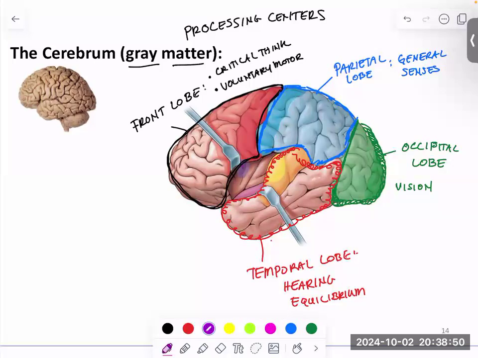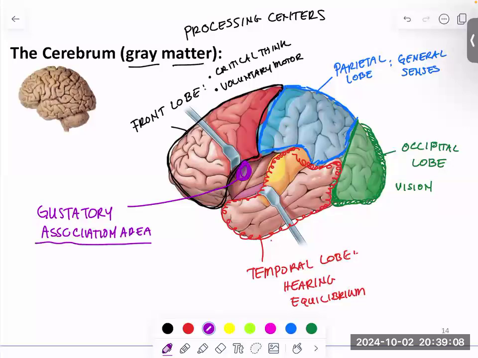You have two association areas. The one in purple, gustatory association area. What is gustatory? That is where you interpret taste. And in pink down here, you have your olfactory association area.